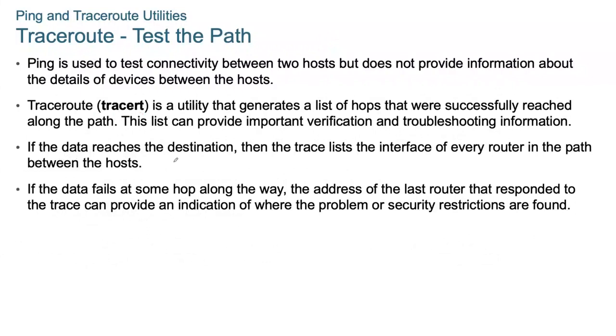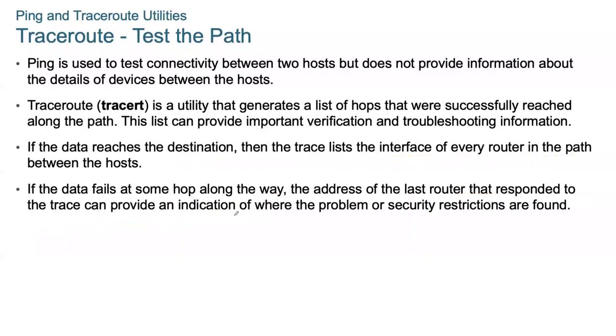If the data reaches the destination, then the trace lists the interface of every router in the path between the hosts. If the data fails at some hop along the way, then the address of the last router that responded to the trace can provide an indication of where the problem or security restrictions were found.